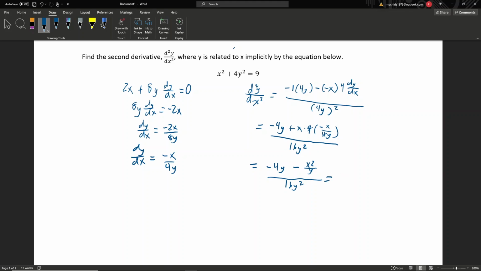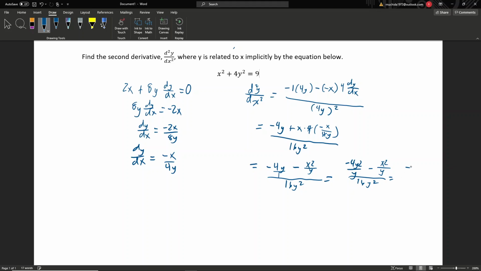Now, to simplify this complex fraction, because we have a fraction within a fraction, we could first combine the two terms in the numerator by finding a common denominator, which would be y. So this would be negative 4y squared over y, multiplying top and bottom of the first term by y, minus x squared all over y, divided by 16y squared.